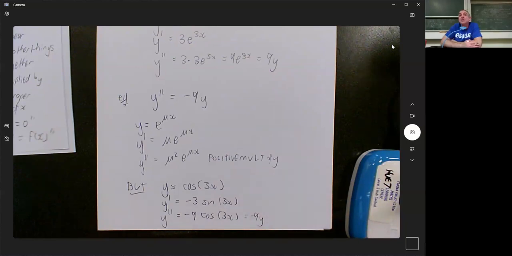And it happens with sine as well. And so you've seen them before. Maybe you didn't think about it in this way, but they are there. Cos and sine are functions that when you differentiate them twice give you a negative multiple of what you started with. And e to the power of, when you differentiate it twice, you get a positive multiple of what you started with. I think that's pretty cool.